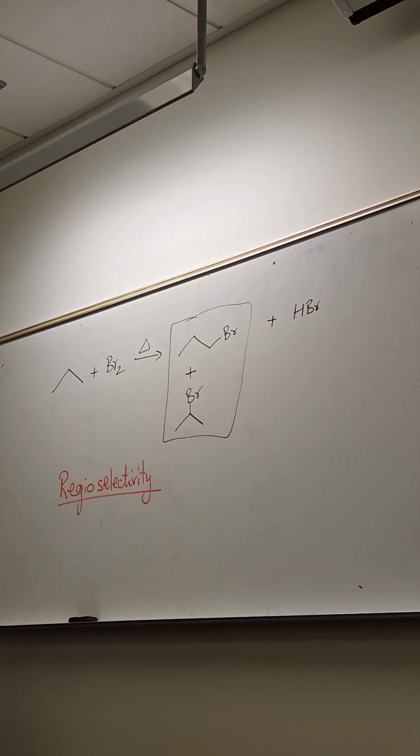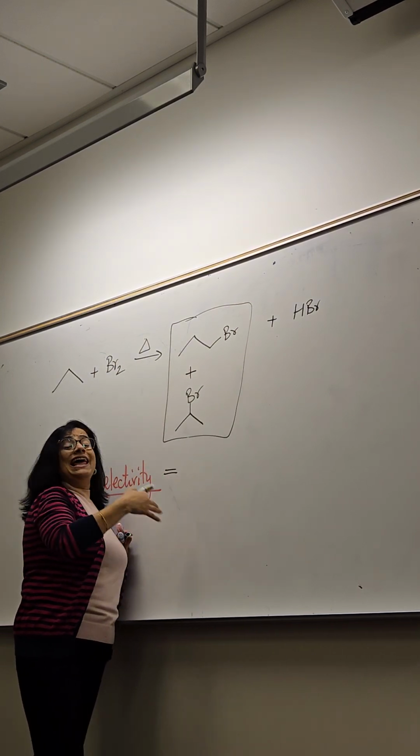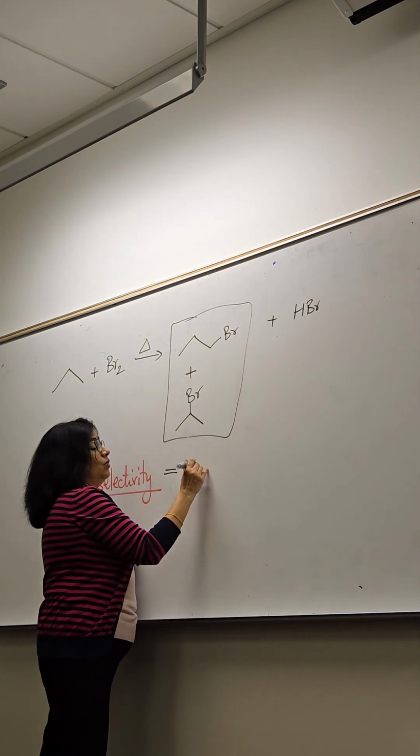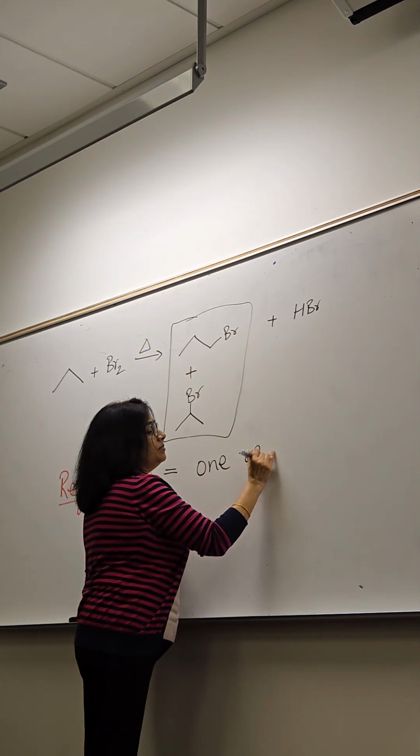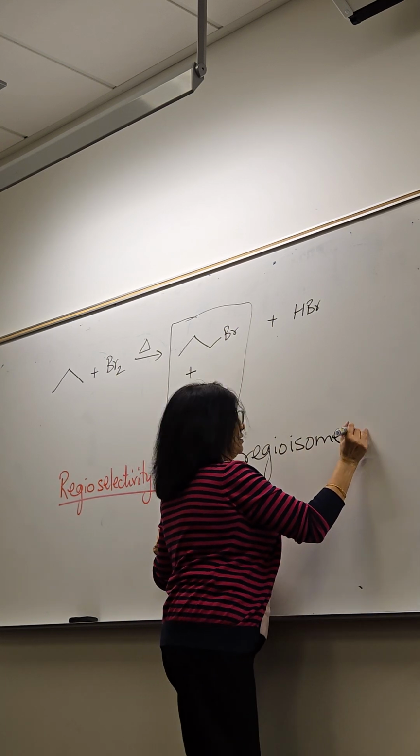And then you've got to become real careful. So the point is, when we discuss mechanisms, oftentimes we've got to discuss, is the reaction selective towards one regioisomer over the others, or is it not? Please remember the word regioisomer means structural isomer.